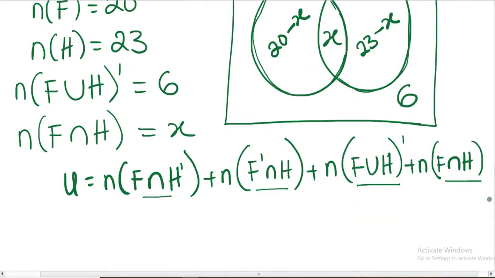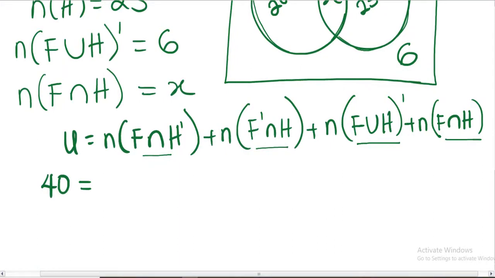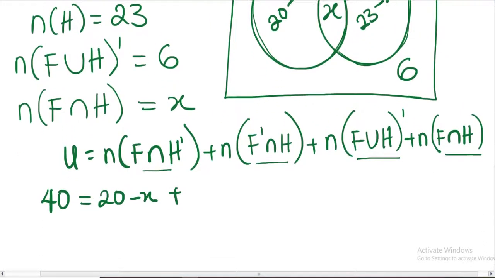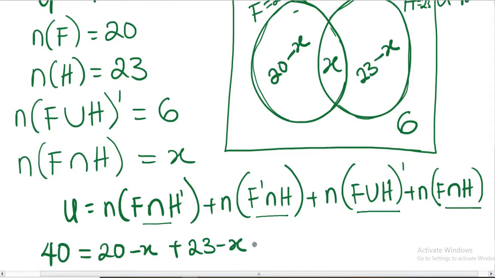So let's substitute. The universal set is given to be 40. So this is 40 being equal to those who studied only French, which are said to be 20 minus x, plus those who studied only history, which are said to be 23 minus x, while those who studied none is said to be 6, and those who studied both French and history, they are said to be x.